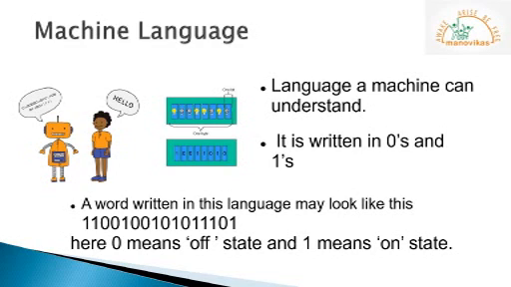As a result, it is fast compared to the other languages. This language is different for each type of CPU, so the programs written in this language will be different. When this sequence of codes is fed into the computer, it recognizes the codes, converts them into electrical signals and executes the instruction.